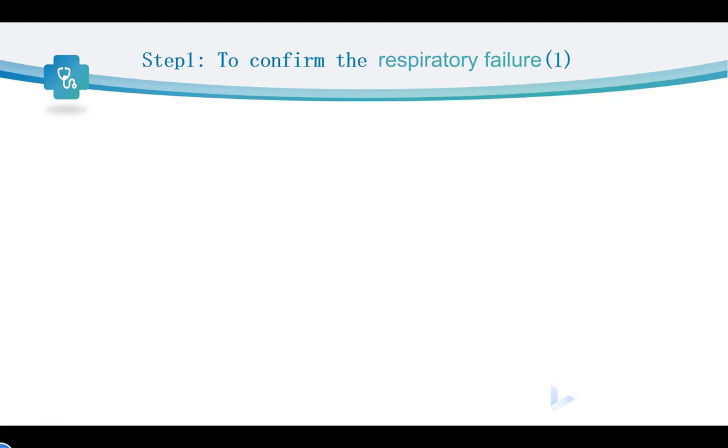Once the patient comes to our clinical room or department, we can find some clues of the respiratory failure during the inquiry or physical examination.